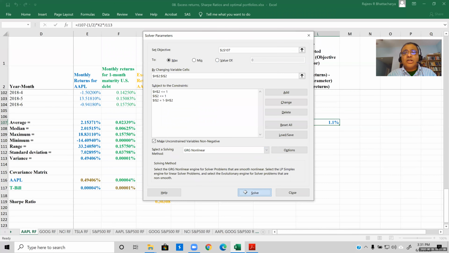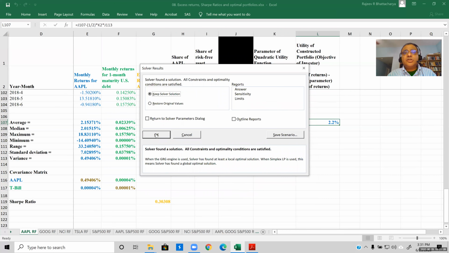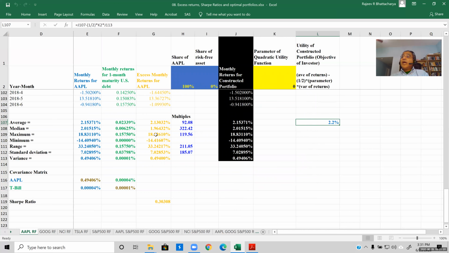Click on Solve, keep solver solution, click OK. Look at this. We have a corner solution. If you are risk neutral and you have these two candidate securities, you will put all your money on the security with the higher expected return, because you don't care about the volatility.